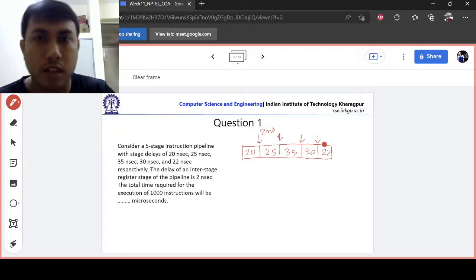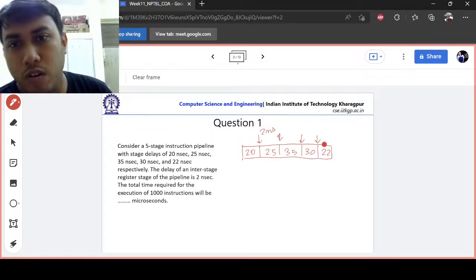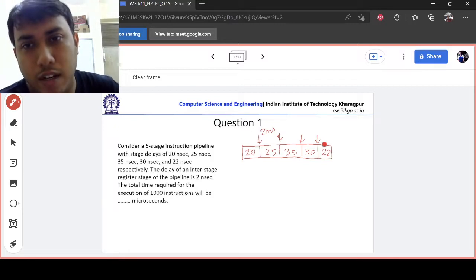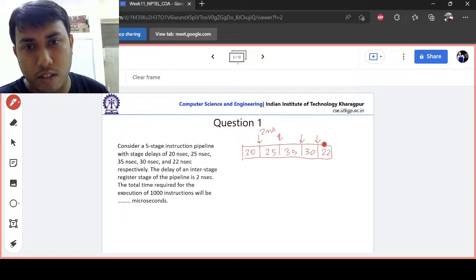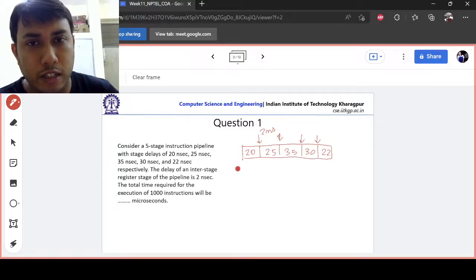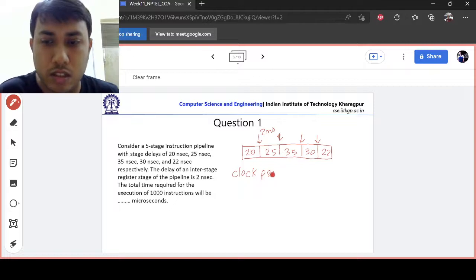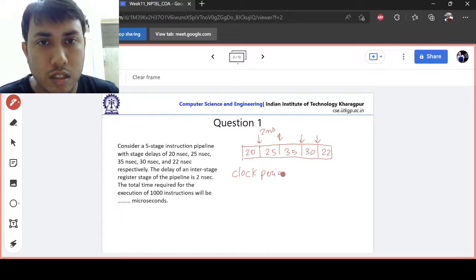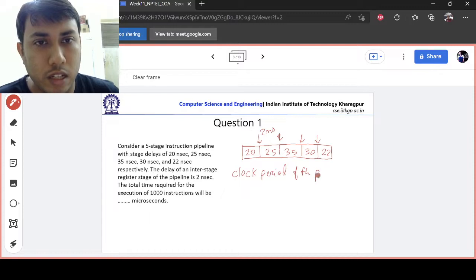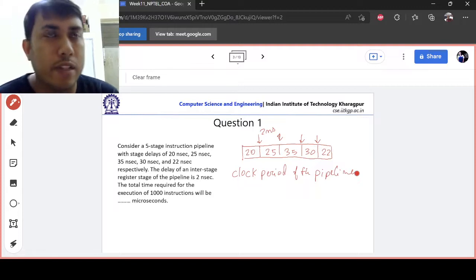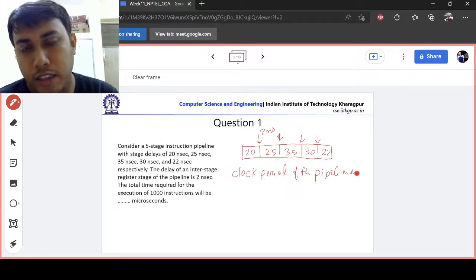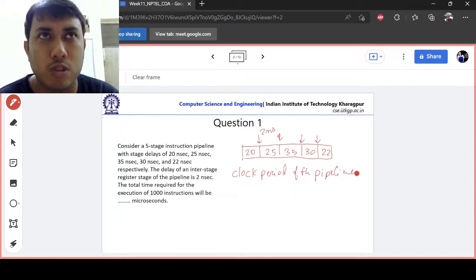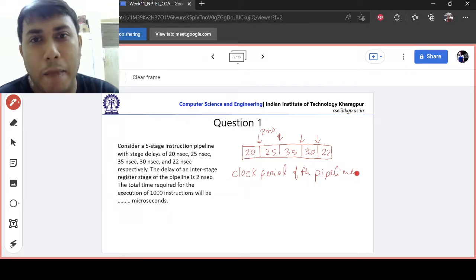So what will be the clock period? The first thing we need to understand is the clock period of the pipeline. In most examples you have seen this week, every pipeline stage has an equal delay.